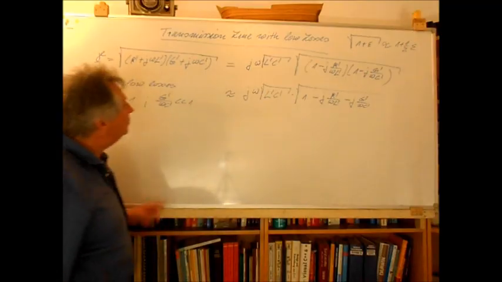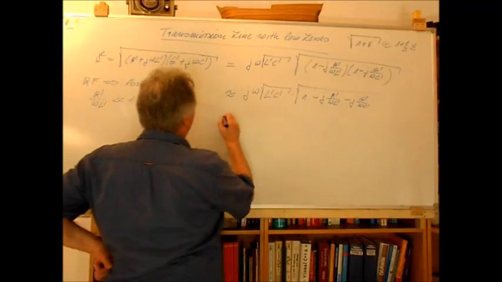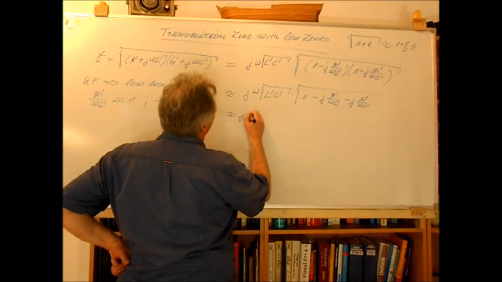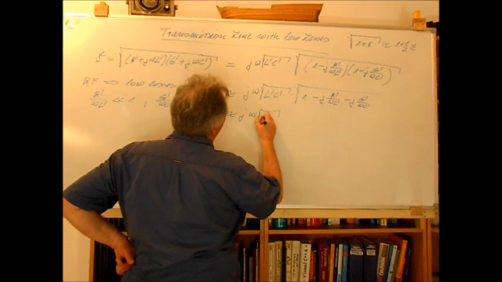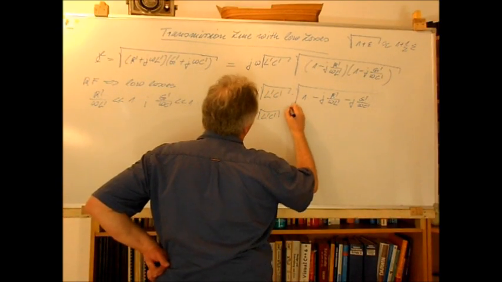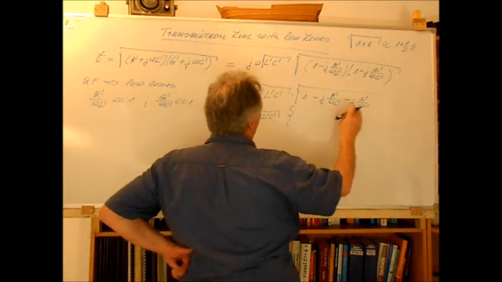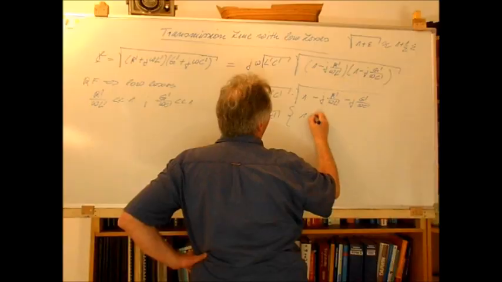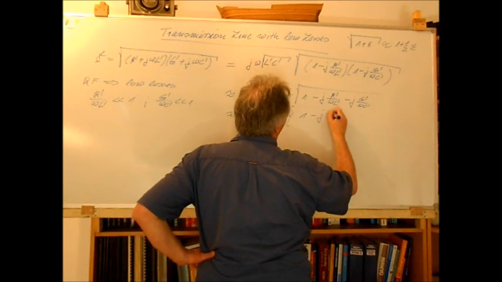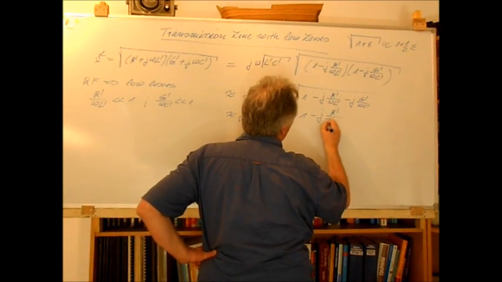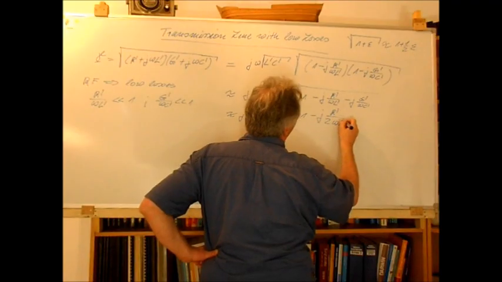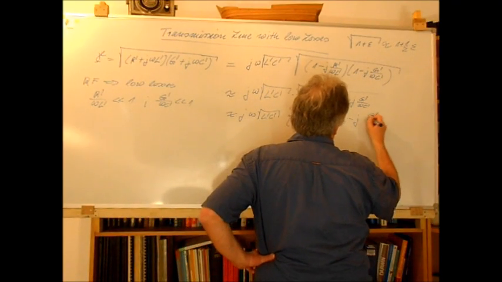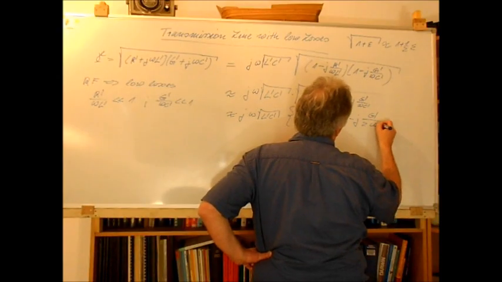And this approximation we will use here, so we can say this is roughly j omega times the square root of L prime C prime, and here we do the approximation for the square root like this: 1 minus j R prime over 2 omega L prime minus j G prime over 2 omega C prime.